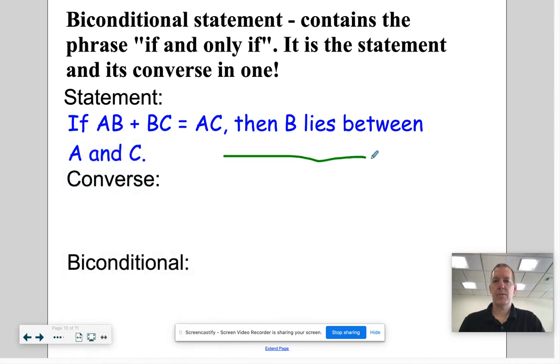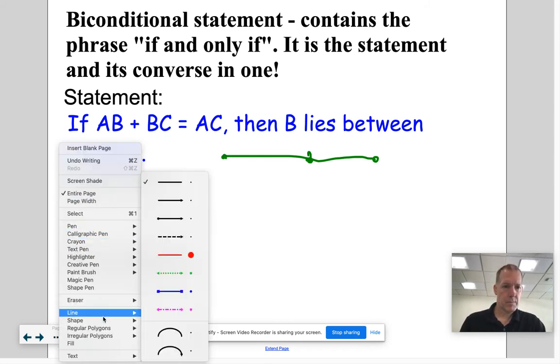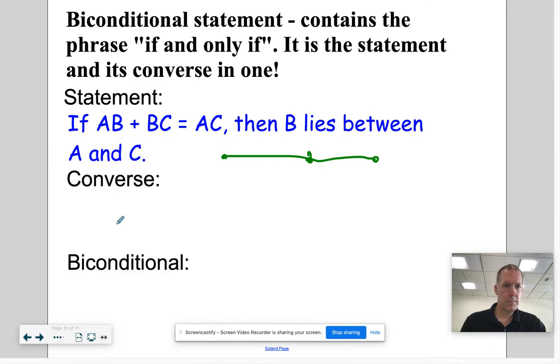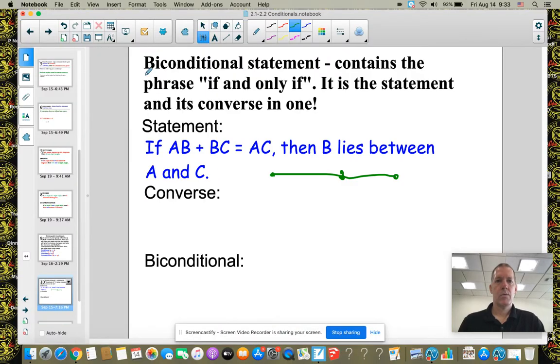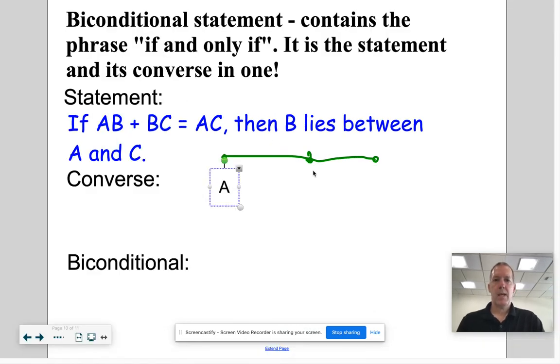Just imagine that's a straight segment and I've got 3 points on it. This is my A, this is my B, this is my C.